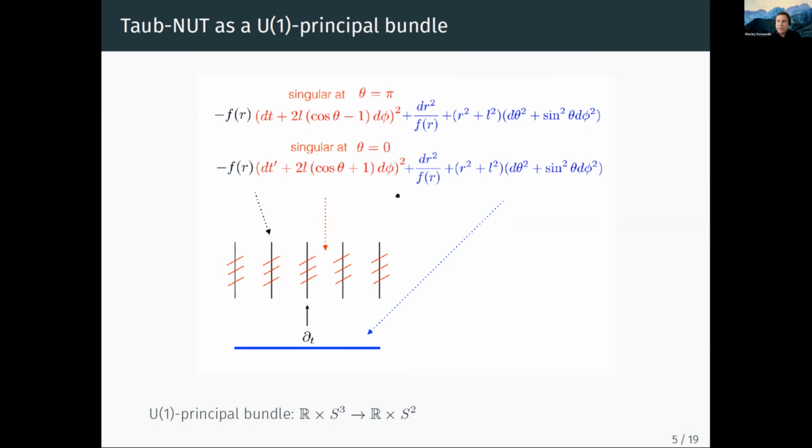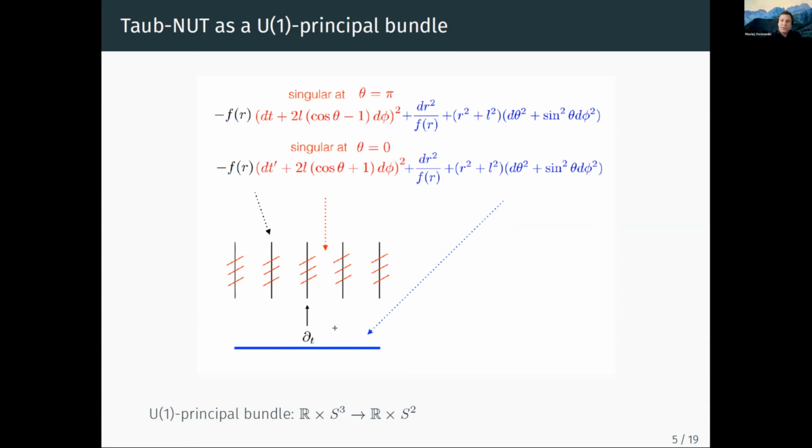Another feature is that, talking this way about Taub-NUT spacetime, what we have actually done is to compactify the orbits of this Killing vector field from a real line to simply some circle. And the resulting spacetime in this form can be interpreted as a U(1) principal bundle over R times S2, which is now R times S3.